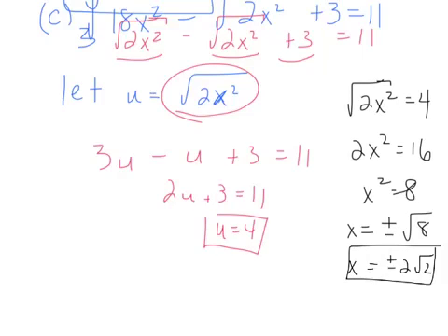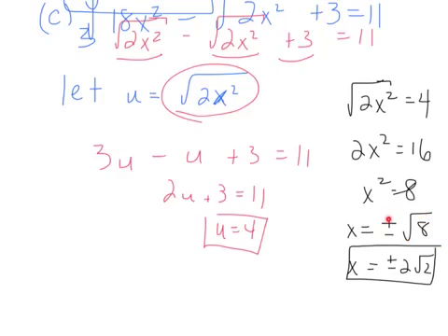Now, we need to check our answers in our original to see that we do indeed have two solutions. There are two answers so far. Let's figure out if those answers are indeed solutions to the original equation. So we start by writing our original equation, and let's check the positive answer we got first. So positive 2 root 2. And what you'll notice is that if you want to, you can use this positive radical 8 to help.